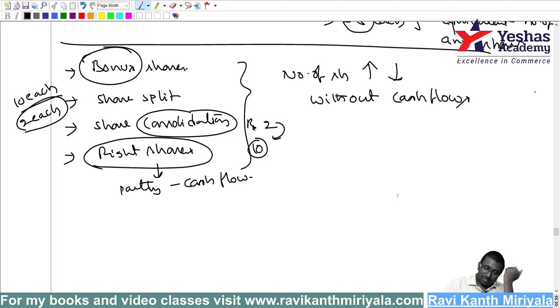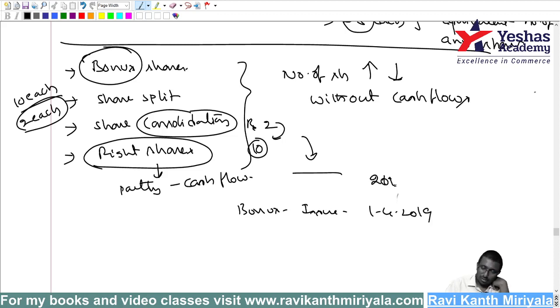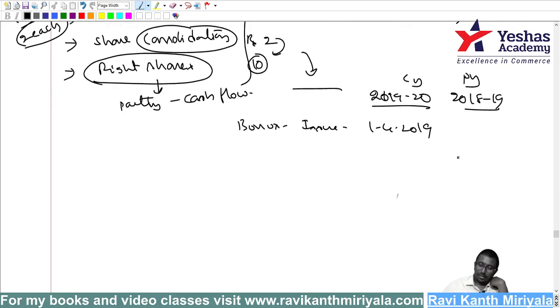Under this circumstance, what are we supposed to do? I will tell you an example. Suppose a bonus issue took place on 1/4/2019. Let us say my financial year 2019-20 is the current year, and 2018-19 is the previous year.